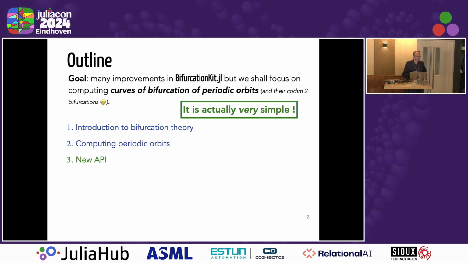Then we will switch to the new API of BifurcationKit and its consequences. Then I'll break my number 1 rule, which is not to do real-time simulations, but for you, I will break it, and we'll put into action this goal of computing curves of bifurcations. I'll show you how it can be very useful. And then we will conclude.